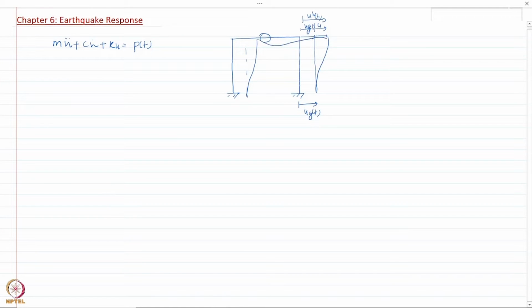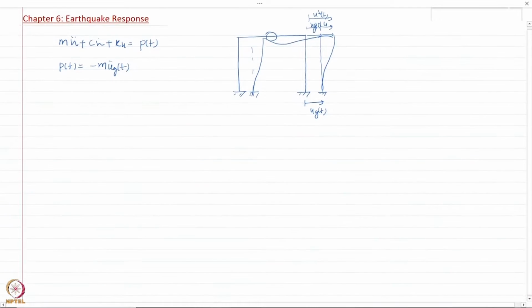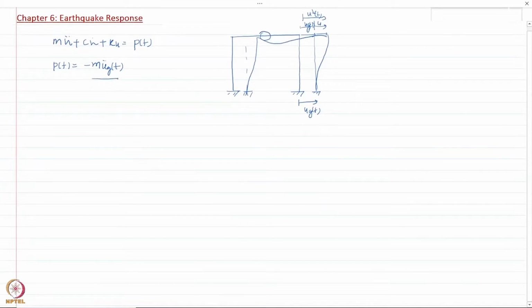Basically the problem statement for these cases becomes, in this case, p(t) is effectively represented using mass times the ground acceleration. So I can substitute it here. Remember that this expression comes from assuming that the total acceleration is nothing but the relative acceleration of the mass plus the ground acceleration.